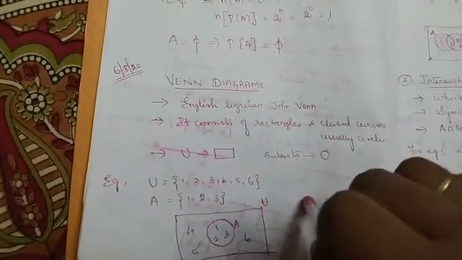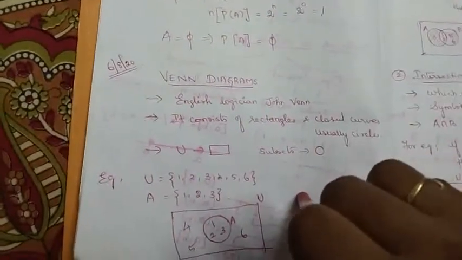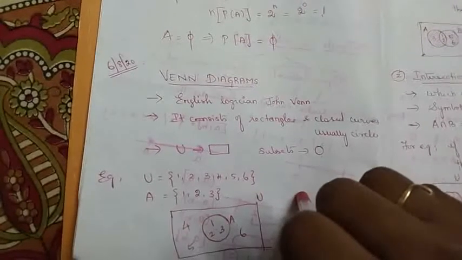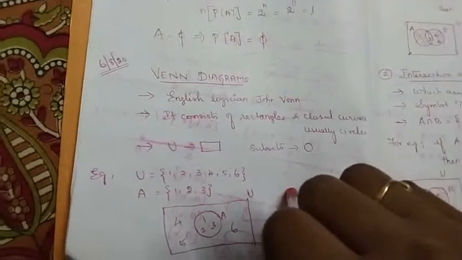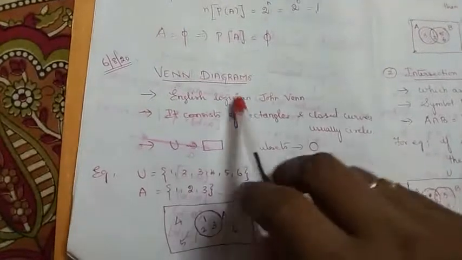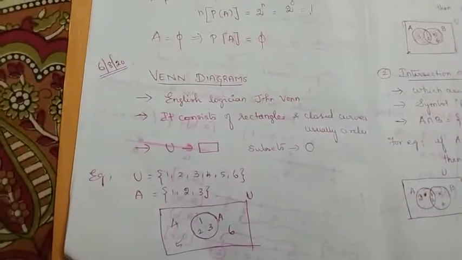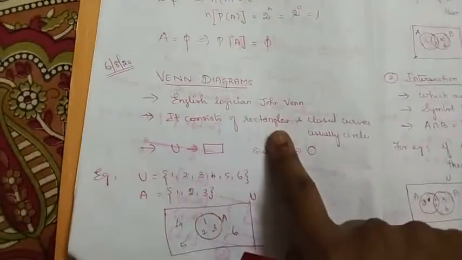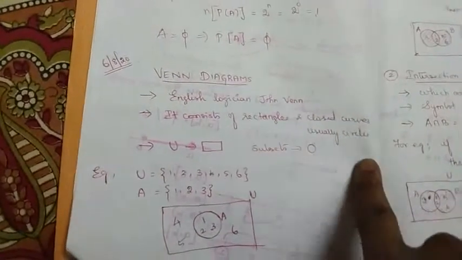Then we have seen an important concept called Venn diagrams. Venn diagrams are the diagrams introduced by Mr. John Venn, an English logician. They consist of rectangles and closed curves, usually circles.